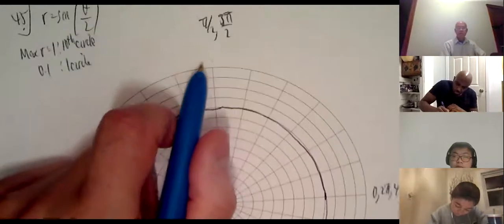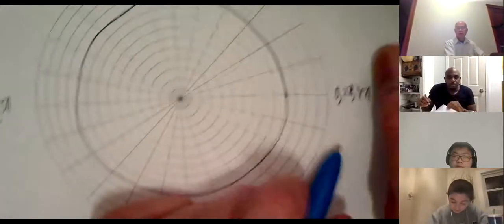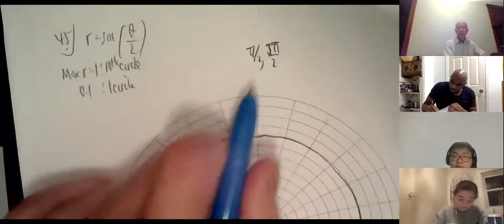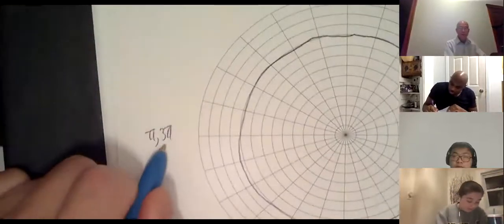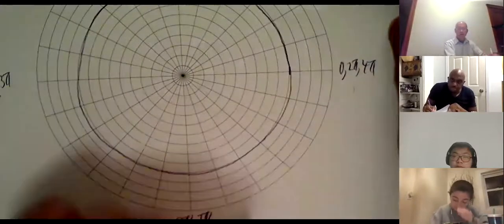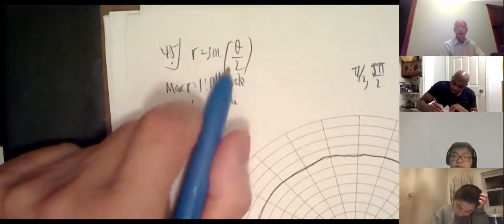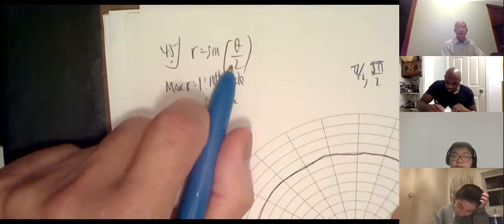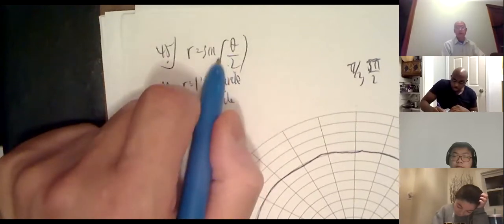So I'm going pi over 2, 2 pi over 2, 3 pi over 2, 4 pi over 2, 5 pi over 2, 6 pi over 2, 7 pi over 2, 8 pi over 2, which is 4 pi. The period of this function from trig is 4 pi. The formula being 2 pi divided by b, 2 pi divided by half, 4 pi.